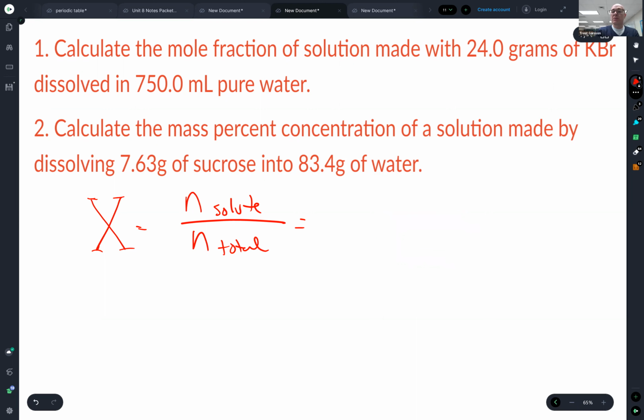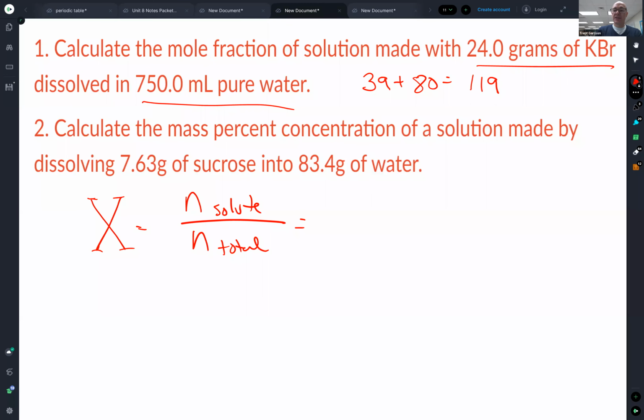The solute would be the KBr that is dissolved, but it's not in moles. Neither is the moles of water. So what we're going to need to do is look up on the periodic table the weights of potassium, which is 39, and bromine, which is 79.9, roughly 80. So that would be 119, I believe. To get the number of moles, we would take 24 divided by 119. You're saying, how did I know to do that?